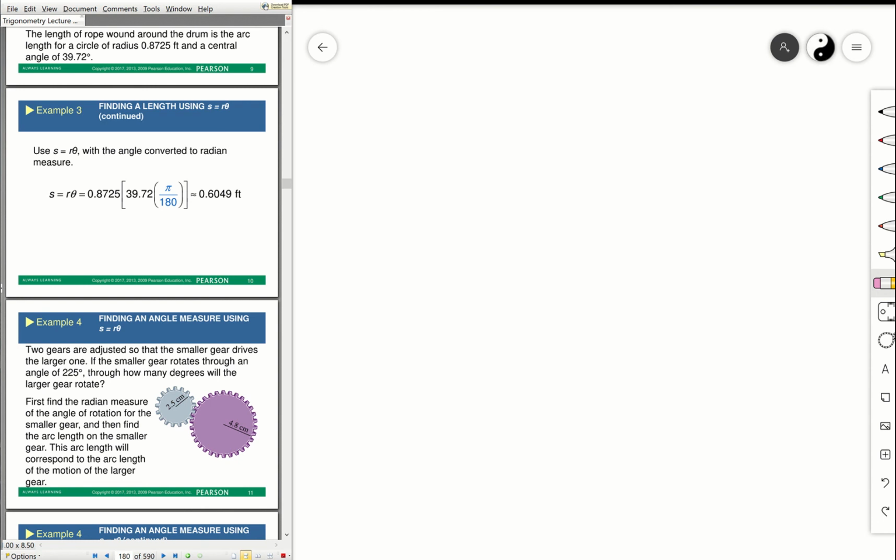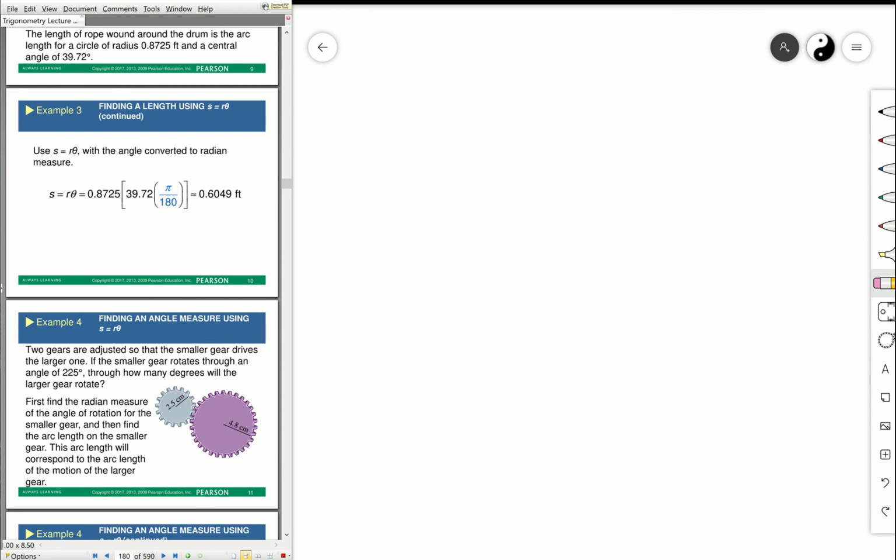And what we're asked is how many degrees will that correspond to on the larger gear. Now, they give us the radii as well. The smaller gear has a radius of 2.5 centimeters and the larger one has a radius of 4.8 centimeters.